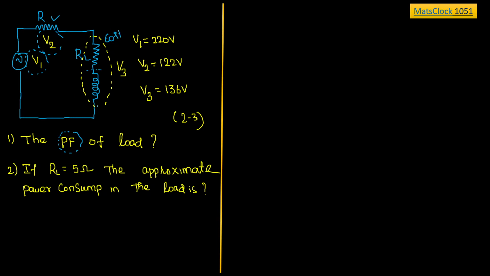Anyway, but according to the given data, they are treating this as a coil. Diagram is clearly given. They put this dotted line. It means this RL and the inductor both are combined together and they may be acting as a coil, inductive coil. Now, in order to know the power factor offered by the network, we must know the phase angle difference between the supply voltage and the supply current.